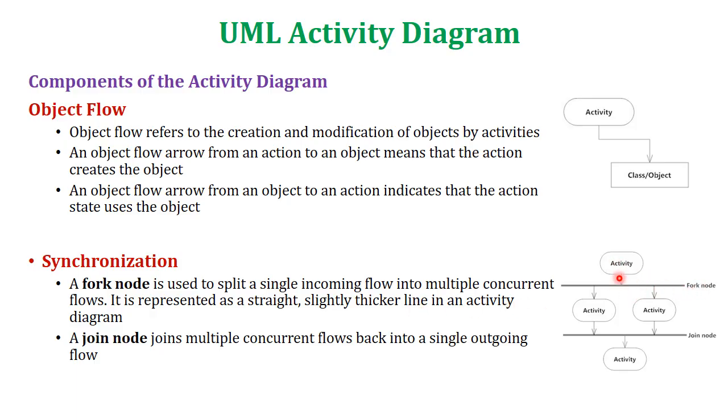It will get the single input and split it into a number of concurrent flows. And next one is the join node. It will join multiple concurrent flows into a single outgoing flow. See here, it will get the input from more activities, then combine them, then put out the single outgoing flow.